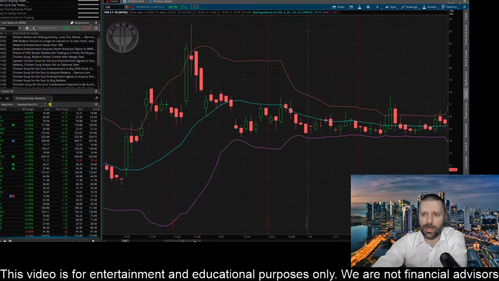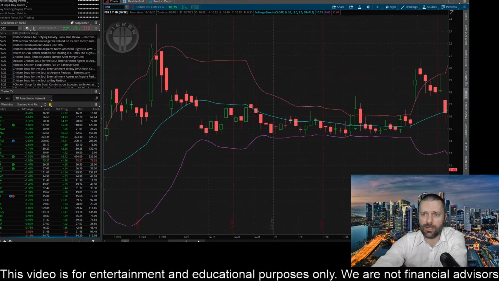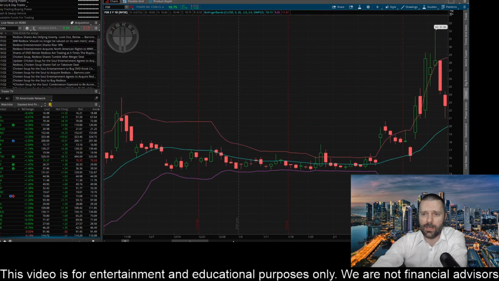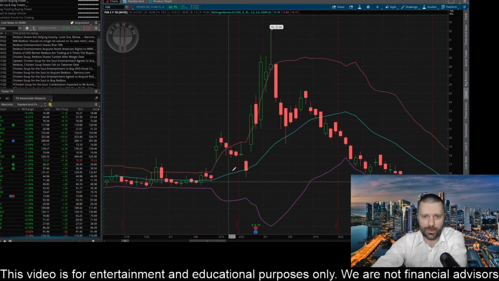If we scroll to the right here a little bit, you can see this crazy move starts to happen. Bollinger Bands get really tight here. It's trading within a tight range, and then it makes a crazy breakout to the upside. It has a really hard pullback, but it actually rejected, let me bring this to the middle of the screen, it rejected this 20-day moving average right here in the middle perfectly.